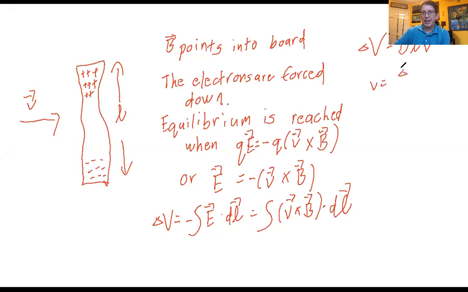So small v is equal to delta V over B times L. And we are given that the EMF is 120 millivolts. If we want it in meters per second, we will write it in volts. So that's 0.120 volts divided by B, which we're given as 0.90 Tesla.